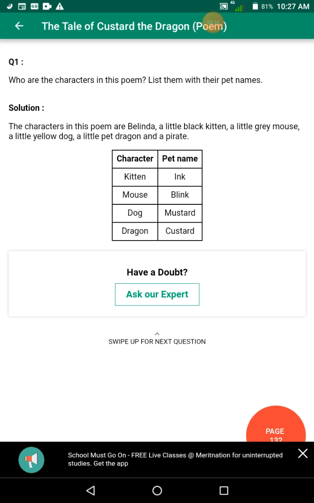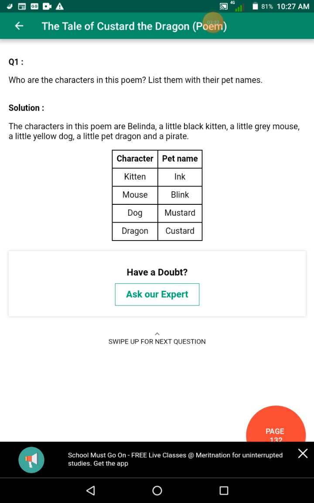Pirate. They are the same. Let us see the pet name of the other characters. Kitten is Ink. Mouse is Blink. Dog is Mustard. Dragon is Custard. Please check the spellings, children.